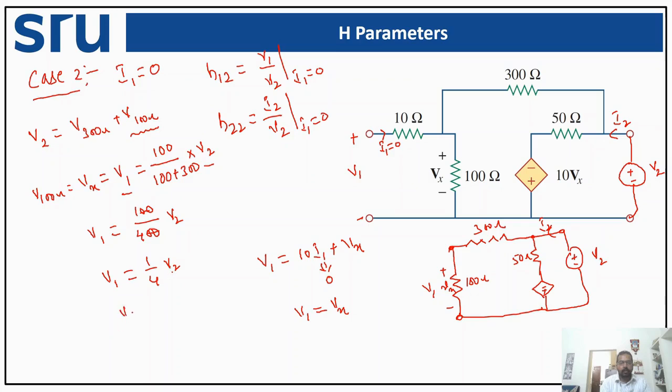So my V1 by V2 is equal to 1 by 4. V1 by V2 is nothing but H12. So my H12 is equal to V1 by V2, which is equal to 1 by 4. Now we shall find the remaining parameter, that is H22. So let us redraw the circuit in the next slide.